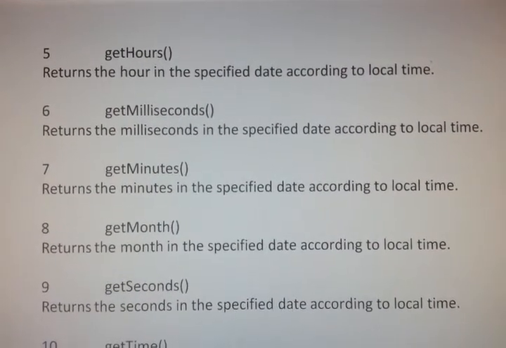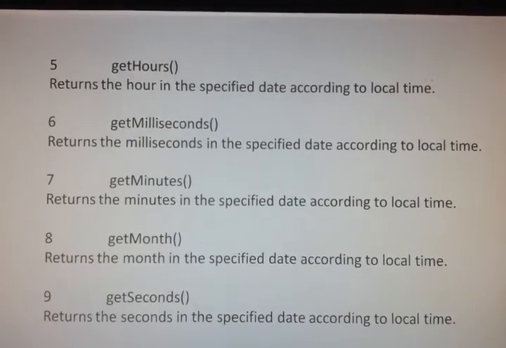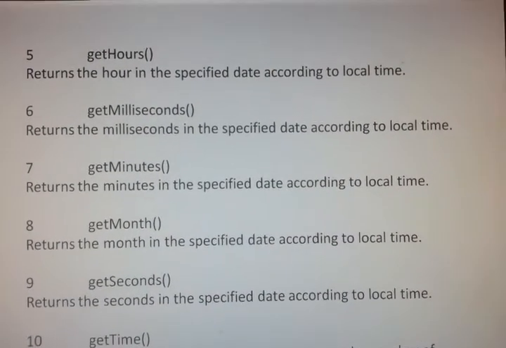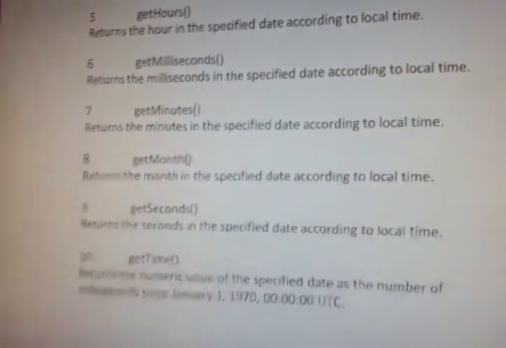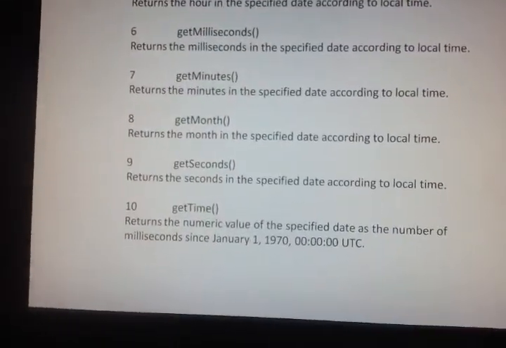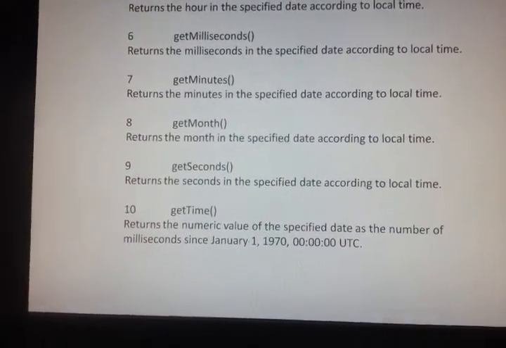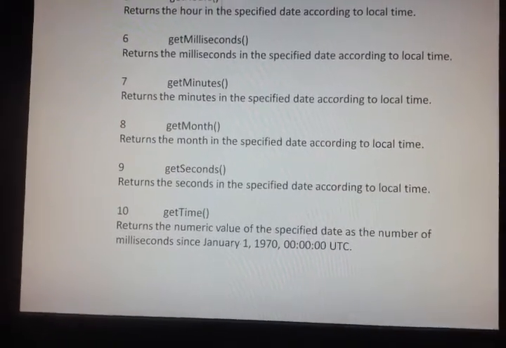Then getMinutes. It returns the minutes in the specified date according to local time. getMonth returns the month in the specified date according to local time.